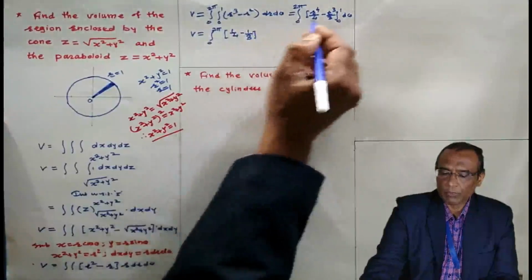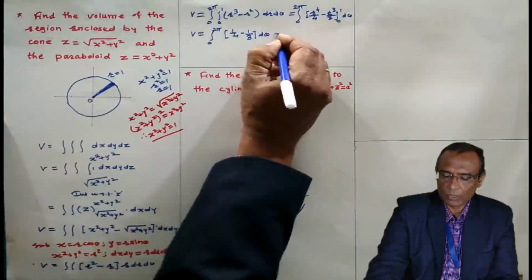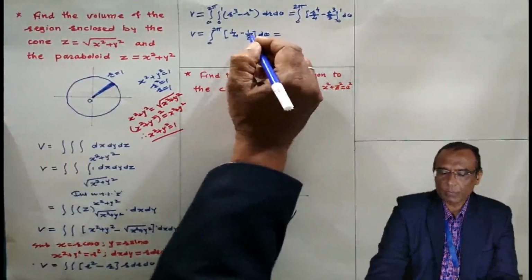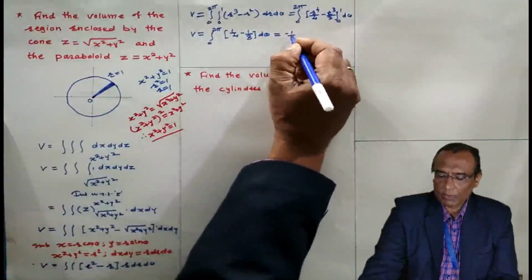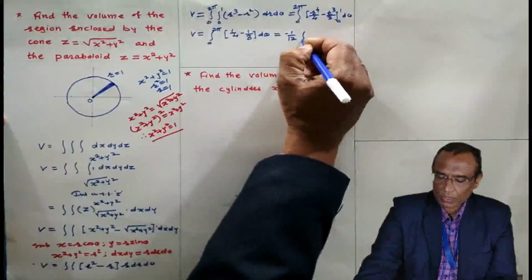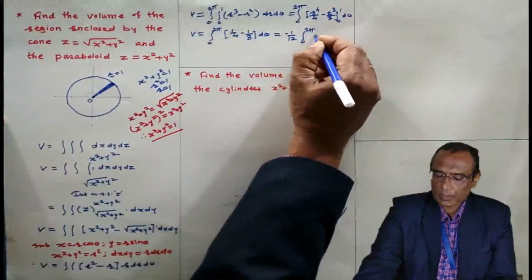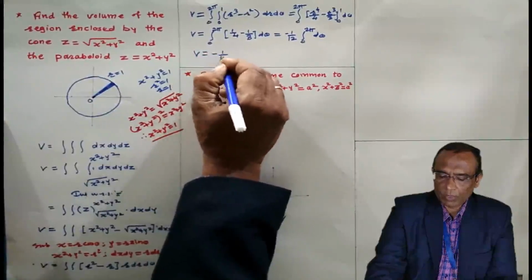So put r equal to 1. Put r equal to 0, I'll get 0. Then 1 by 4 minus 1 by 3, 12 is the LCM. Then 1 by 4 minus 1 by 3 is minus 1 by 12, 0 to 2 pi d theta, and volume is equal to minus 1 by 12.